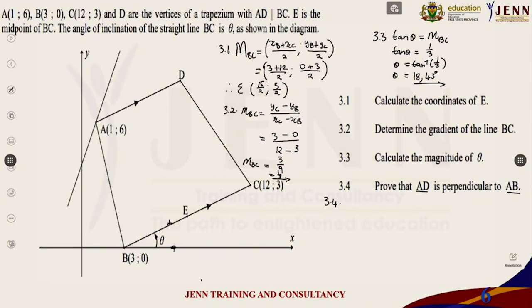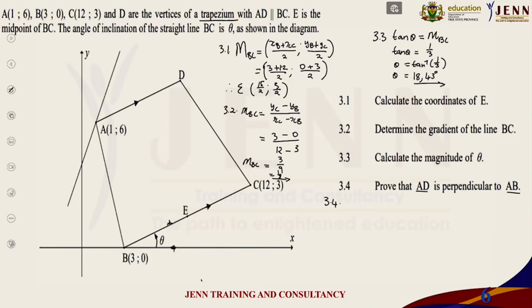What I said before, I will say it again. My beautiful children, go back to grade 10. Know the properties of each quadrilateral. We were told that we are having a trapezium. So the moment you hear the name of a certain quadrilateral, at the back of your mind you should know the properties of that specific quadrilateral.